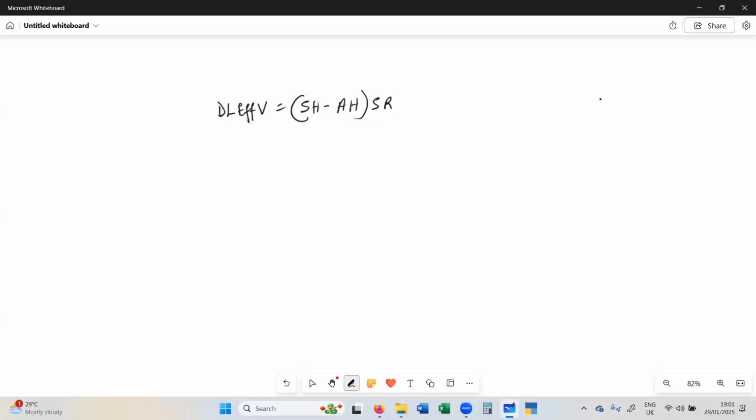Standard rate. So assuming an examiner gives us the direct labor efficiency variance, maybe he tells us that the variance is 1,000 adverse, and the standard hours is 800, and our actual hours is maybe 900.